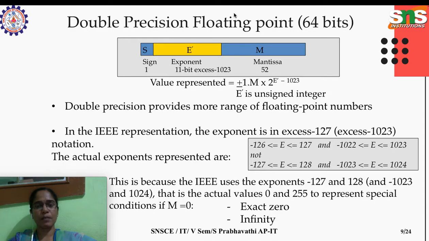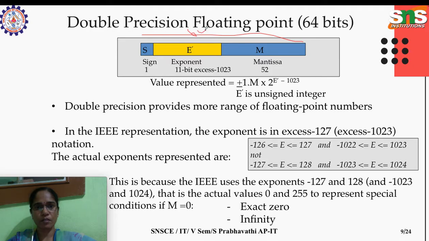Similarly, for double precision, to store a larger range of floating point numbers, the register size is double, so it is 64 bit.